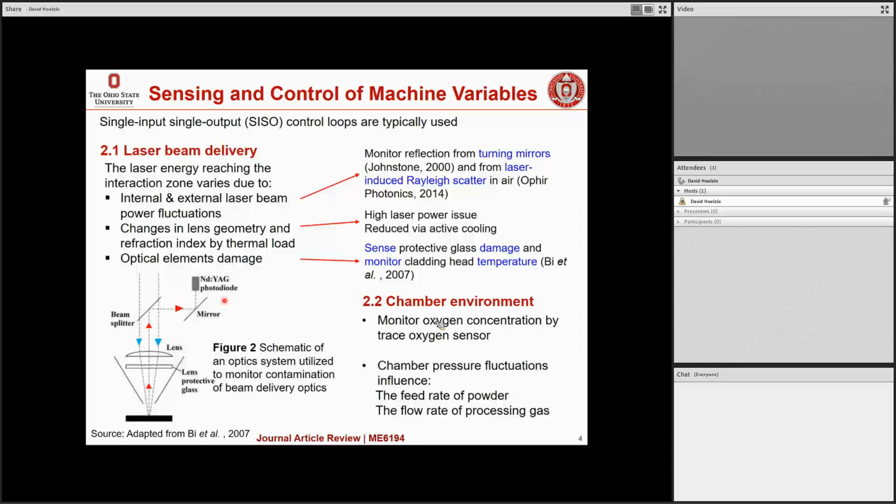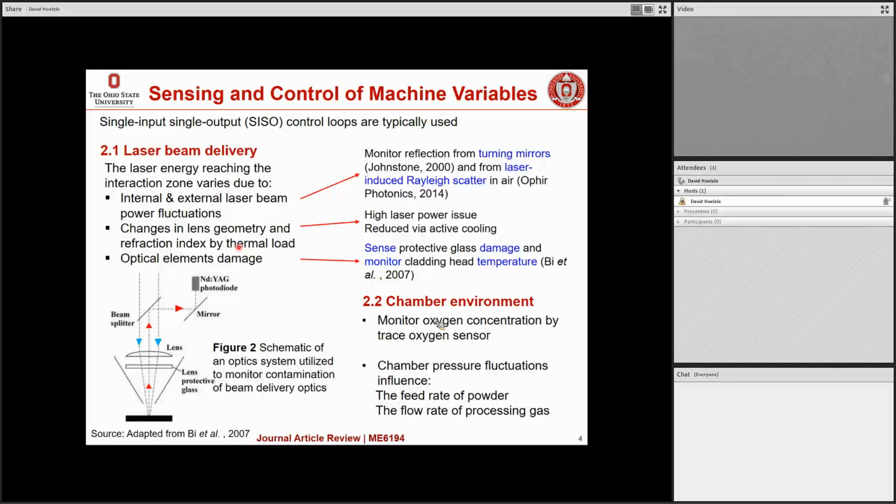So if there is distortion of the lens or contamination, that will change the reflection, and it may give a difference in the laser reflection, so that we can measure these changes and know the damage to the lens.